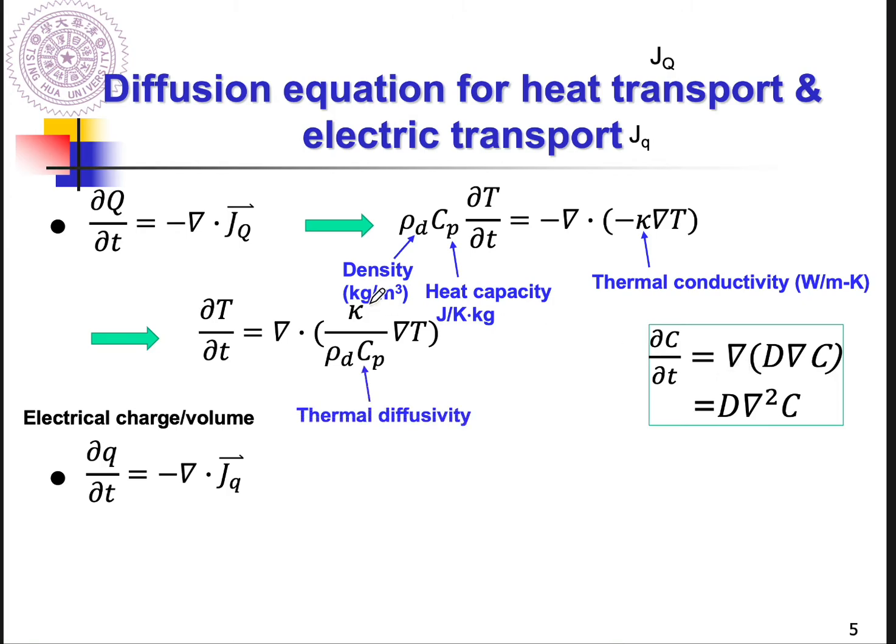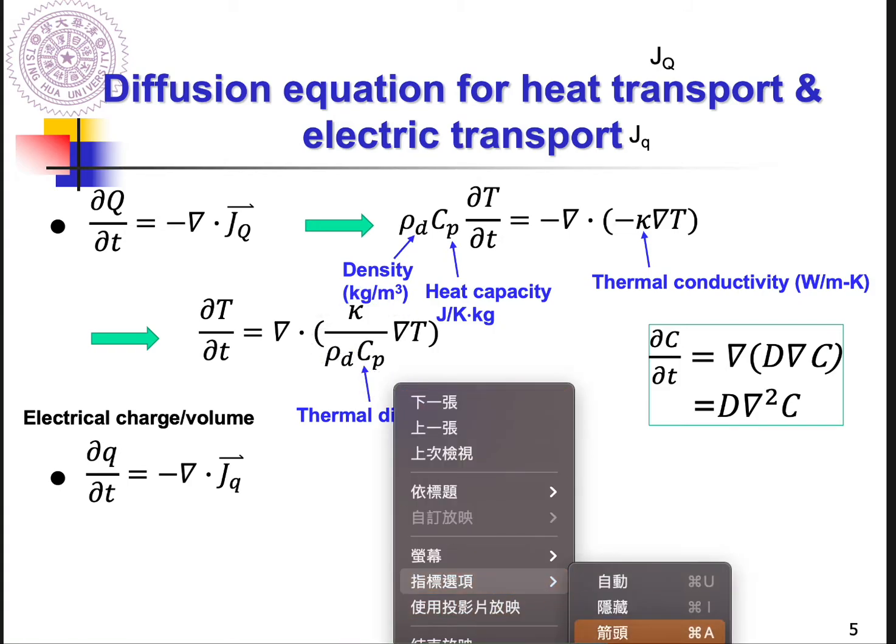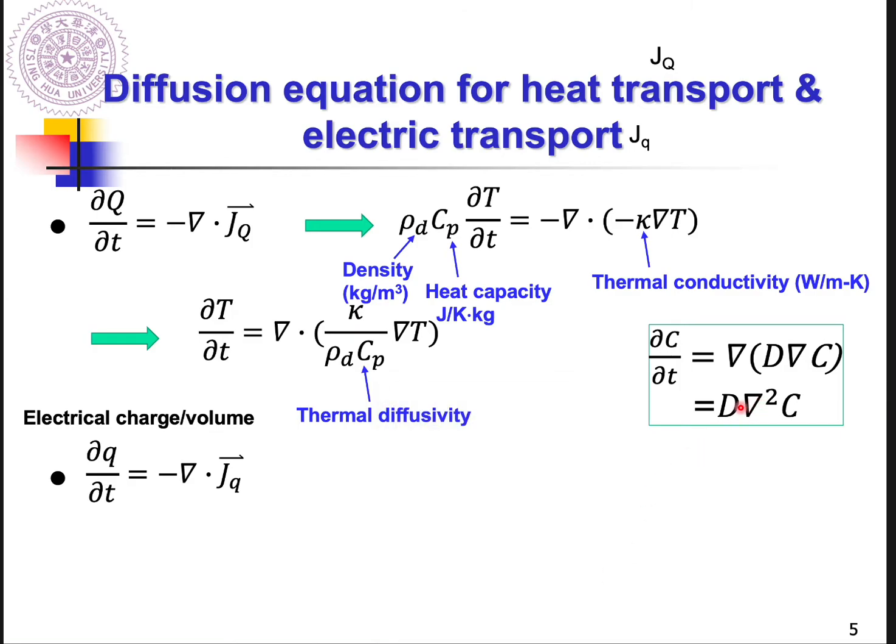Some people also call kappa divided by the density and heat capacity the thermal diffusivity. If you compare with this one, D is the diffusivity. It's similar: just substitute T here for C, and thermal diffusivity for diffusivity.